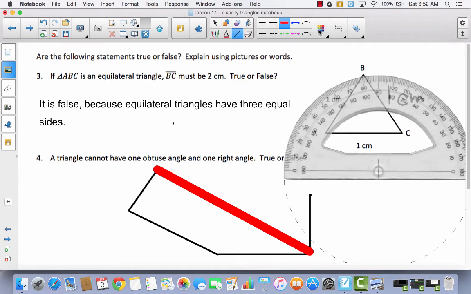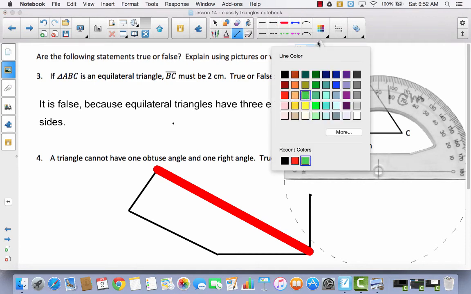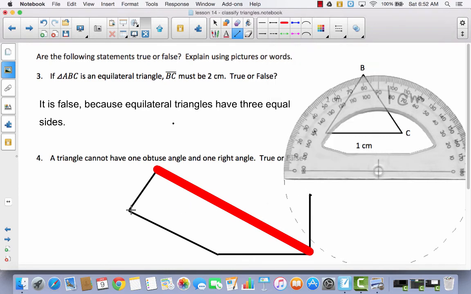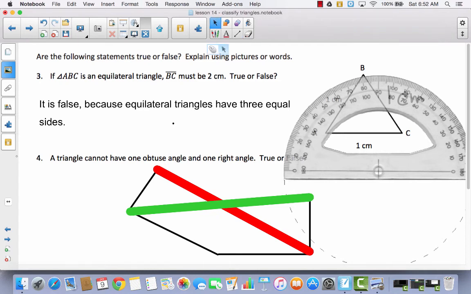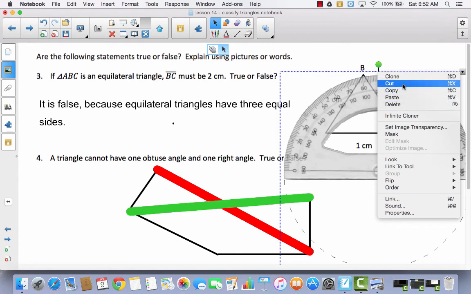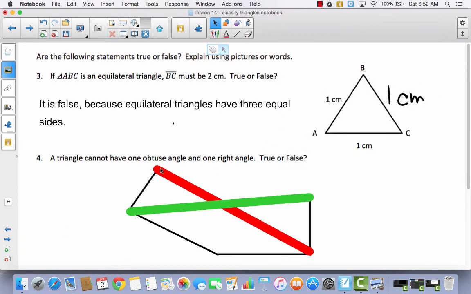And then if I used this, we'll use blue this time, if I tried to connect this to this, this doesn't make a triangle either. So if you have an obtuse angle and a right angle in the same figure, it always makes a figure that has 1, 2, 3, 4 sides, and the other one went 1, 2, 3, 4 sides. So a triangle cannot have one obtuse angle and one right angle.